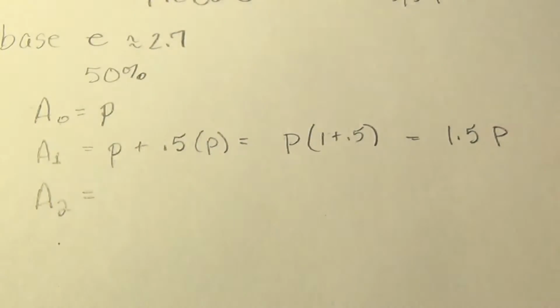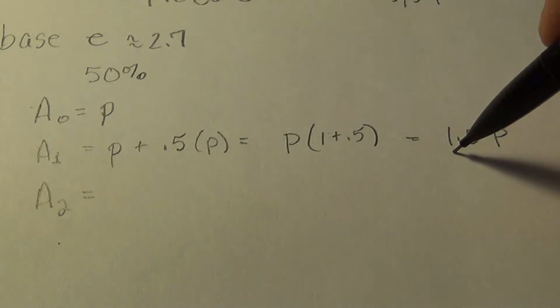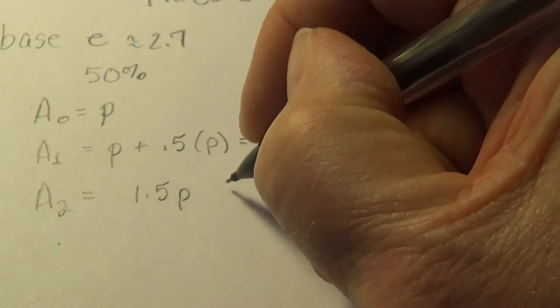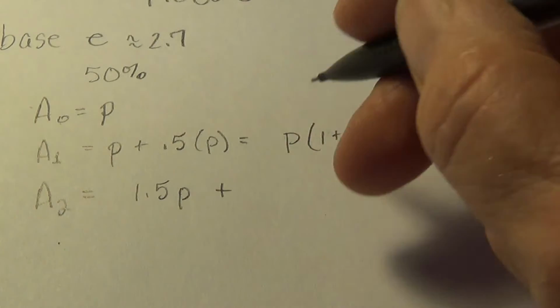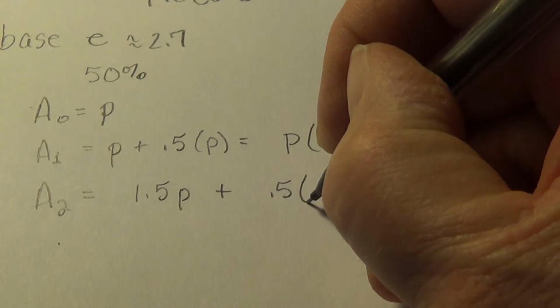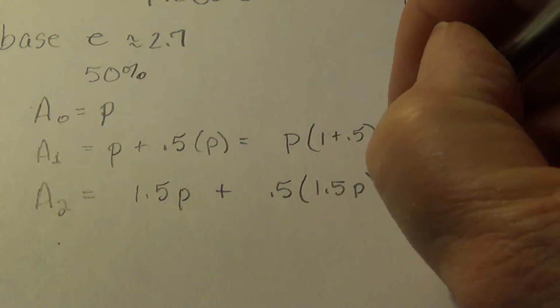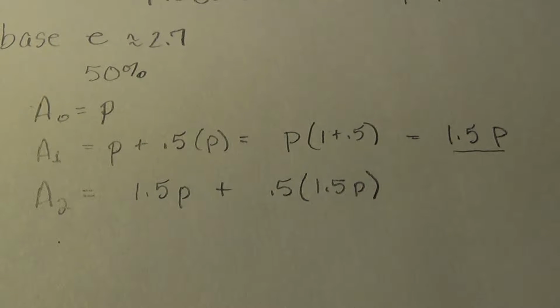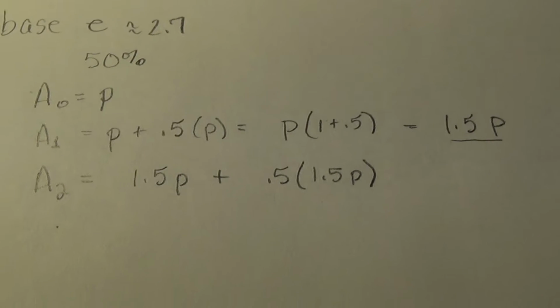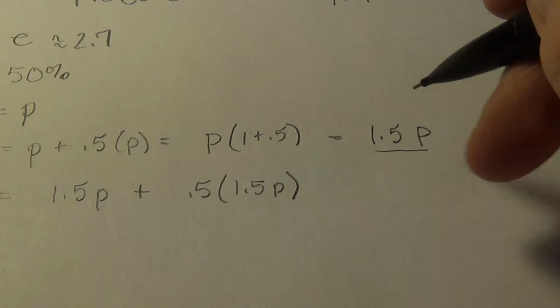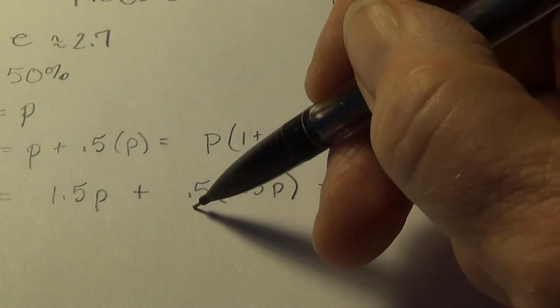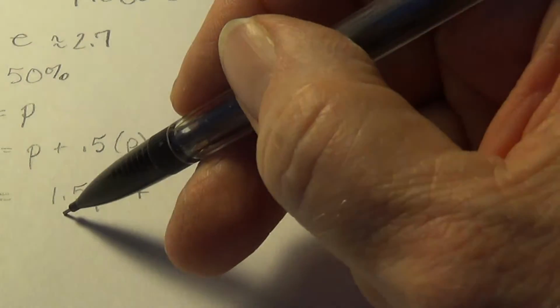Let's see what happens the second year. So the second year, we have ended with 1.5P, and then we're going to add 50% of that whole amount. So 0.5 times 1.5P. And when I do that, I end up with 1.5P here and here.